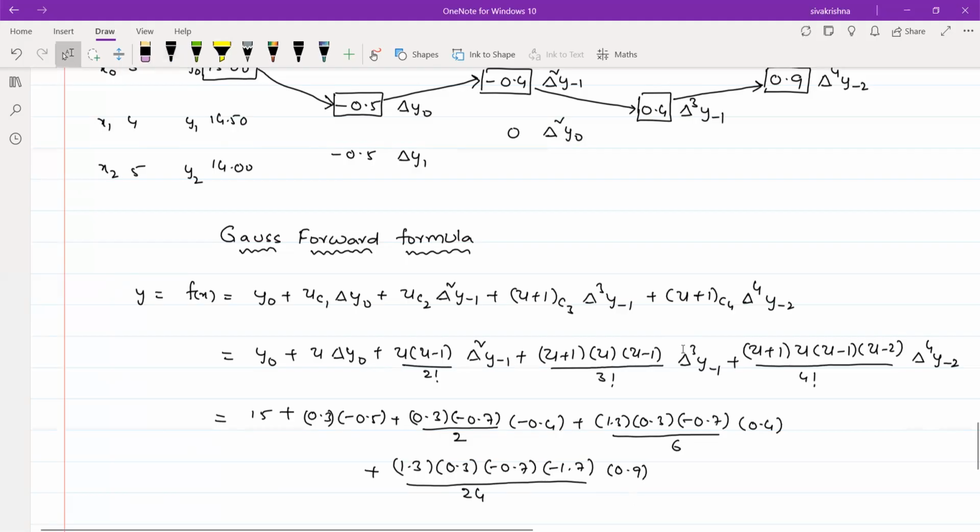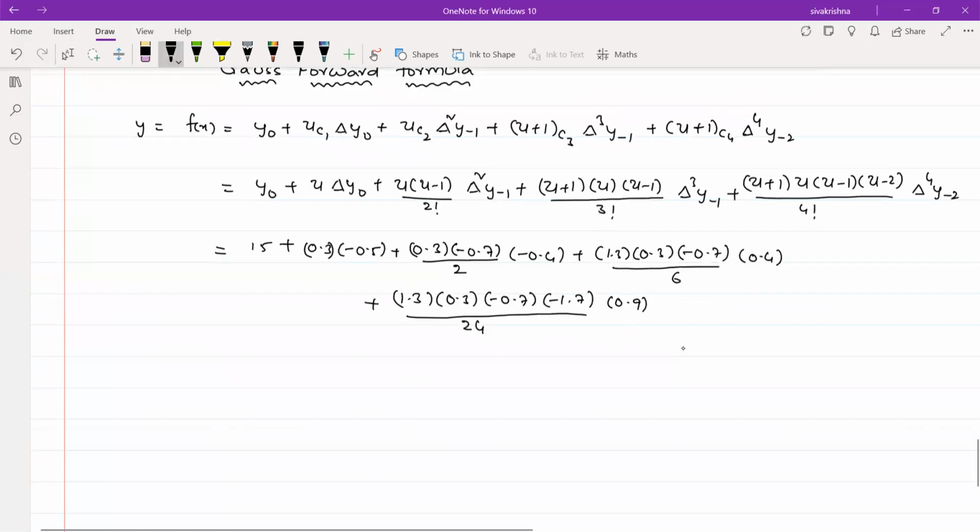So we have substituted all the values in the formula. On simplification, we get the value of f of 3.3 is equal to 14.89. So in this way we can find the value of y by using Gauss forward formula.